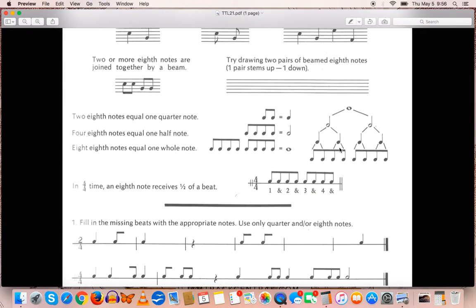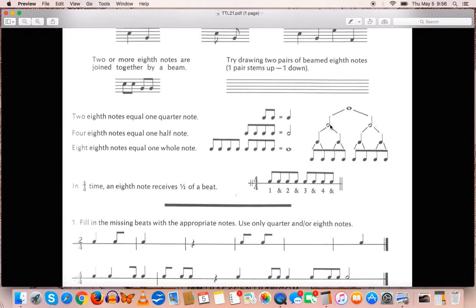Here's a handy dandy little diagram that will help you understand eighth note divisions. Once again, whole notes, half notes, quarter notes, eighth notes, 16th notes, they all have one principle in common, is that they are fractions. Okay, it's a fraction system in that a whole note, one whole, is a complete piece.